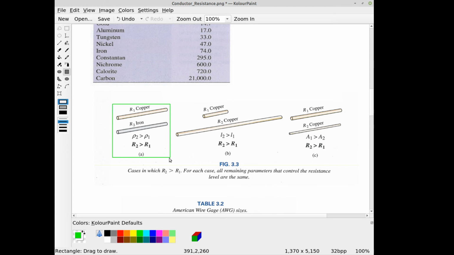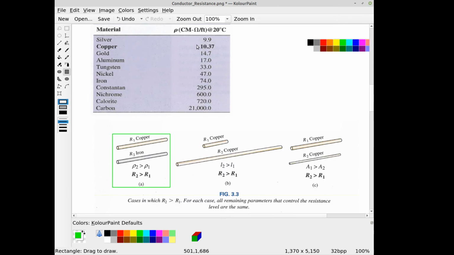So if they have a higher resistivity, that means they're going to have more resistance for the exact same size of two materials. So we see again up here in this chart that iron has a resistivity of 74, so it has a lot more resistance than copper does.